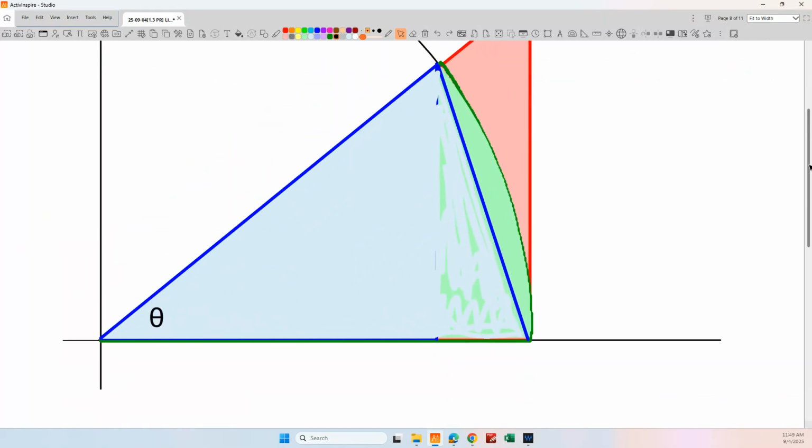Okay, so then we know that from smallest to biggest, it looks like this. The blue area was just sine theta over 2, right?